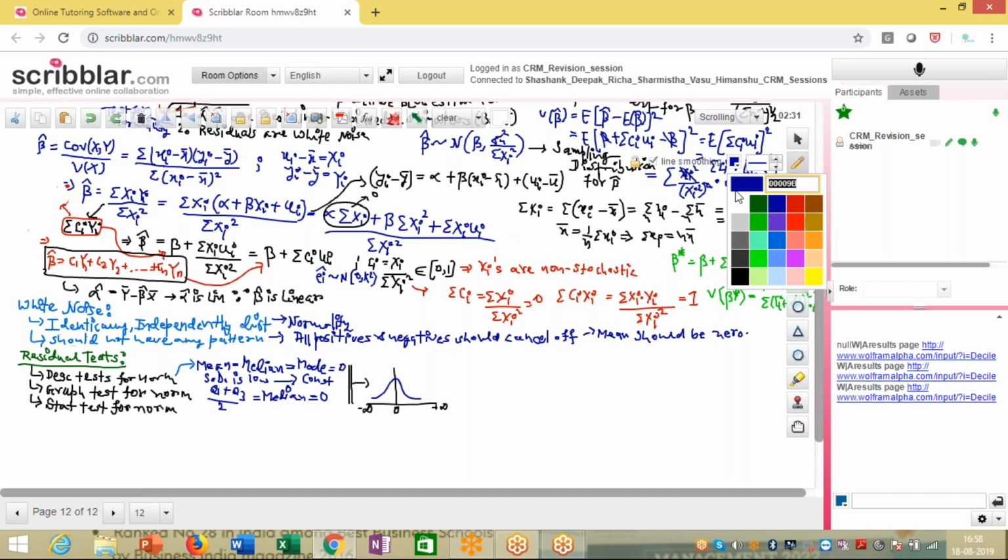Now the second test that we have over here is the graphical tests for normality. In the graphical tests for normality, we have the following.